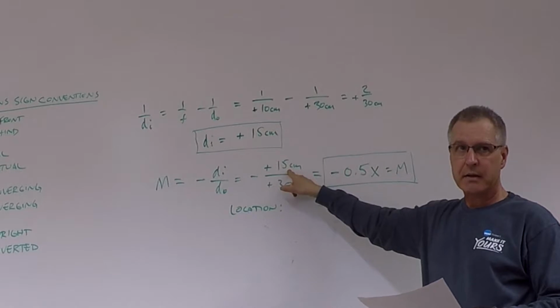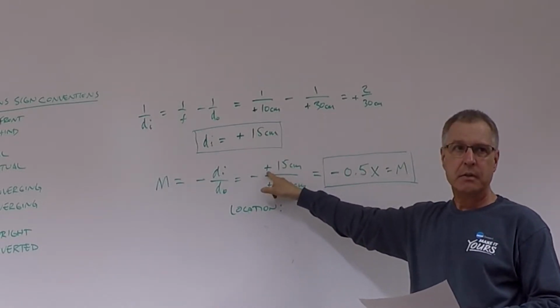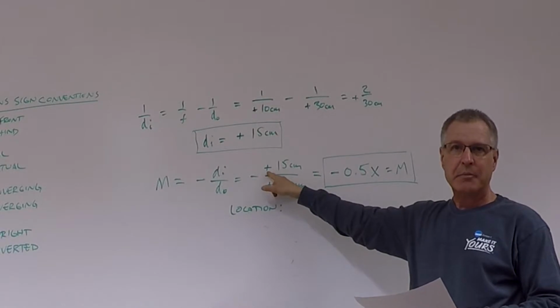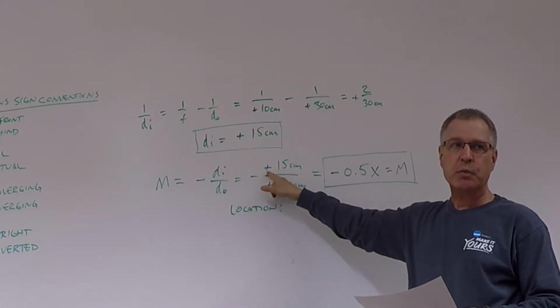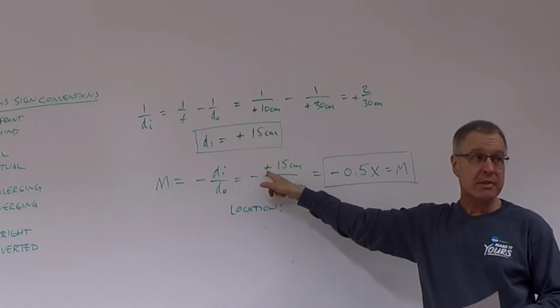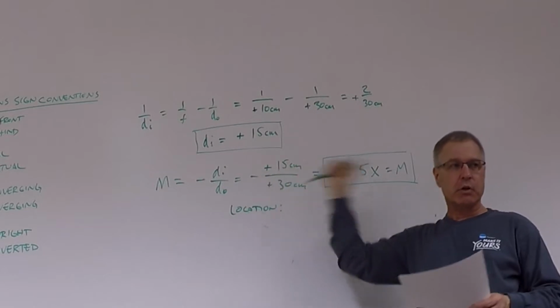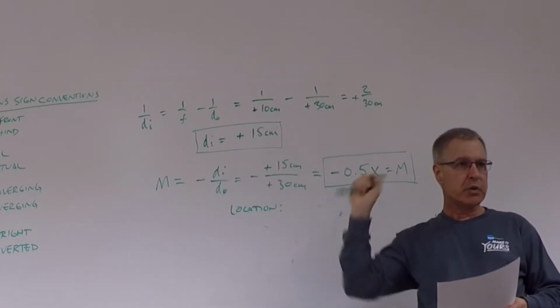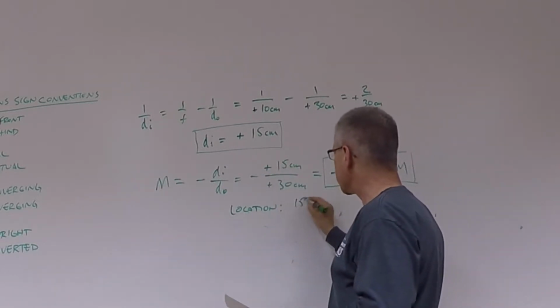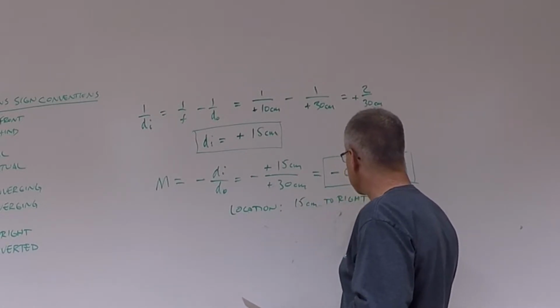Which side? What does that tell you? It means it's a real image, which means the refracted rays are touching it. And if it's a lens, the rays go through the lens. So the actual refracted rays are on the right-hand side. And so this will be 15 centimeters to the right of the center of that lens.